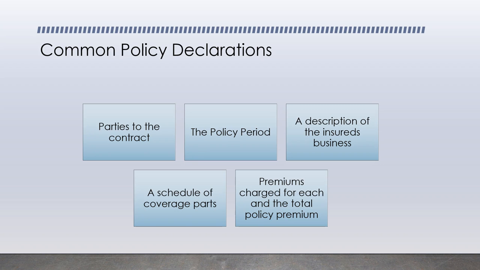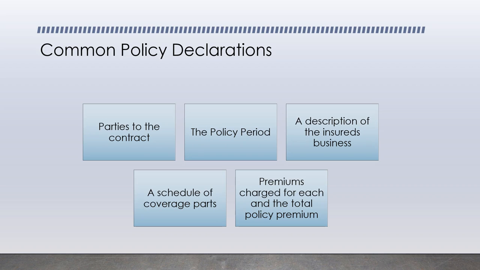Okay, so let's start with the common policy declarations. Basically, this is what you'll likely see in a common policy declarations page. You are going to see the parties to the contract listed in there. You will see the policy period, a description of the insured's business, scheduled parts, and the coverage parts that you've selected.